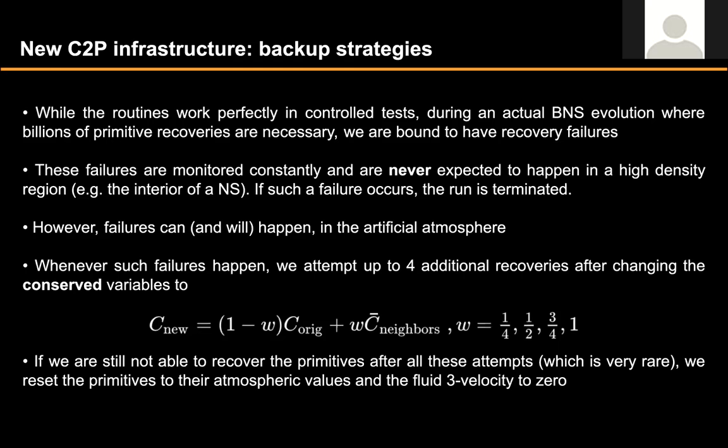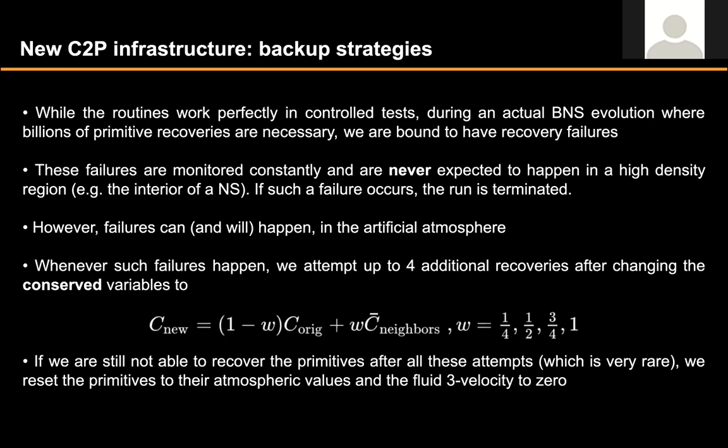And so we have found ways to handle those that are more in the style of what IllinoisGRMHD already does. So basically what we do once we have a failure is we flag that point, and we attempt additional recoveries on that point by considering the average of the conserved variables at that point and the neighbors for which a recovery has succeeded.